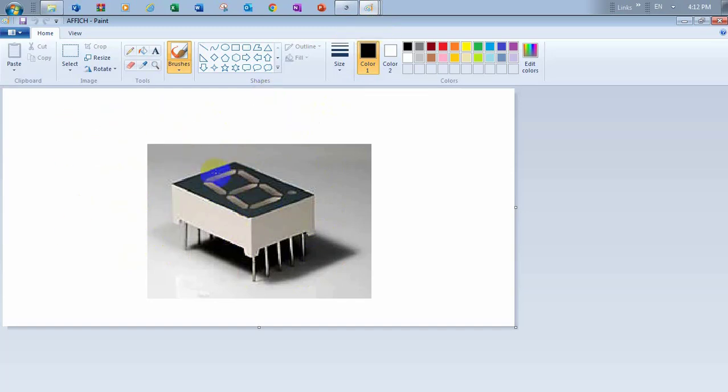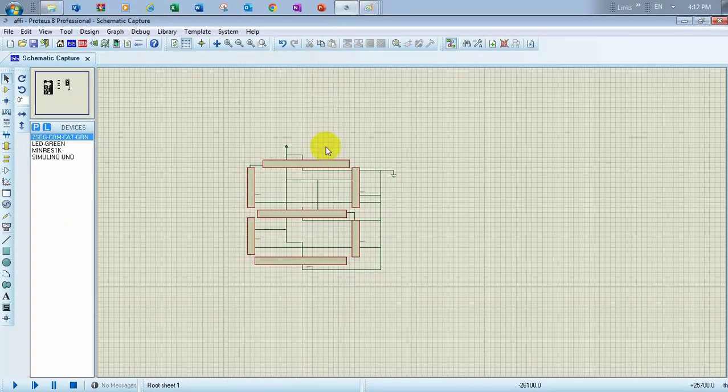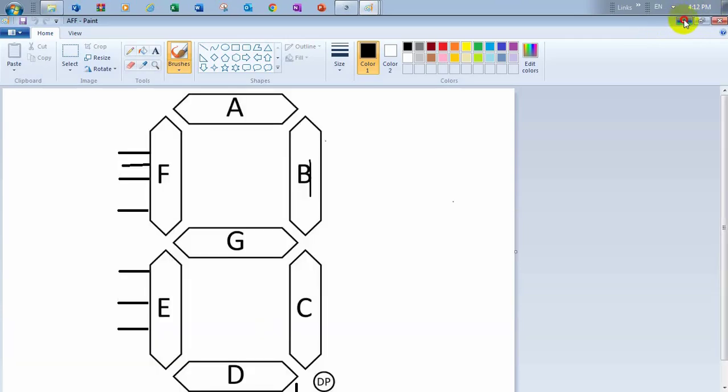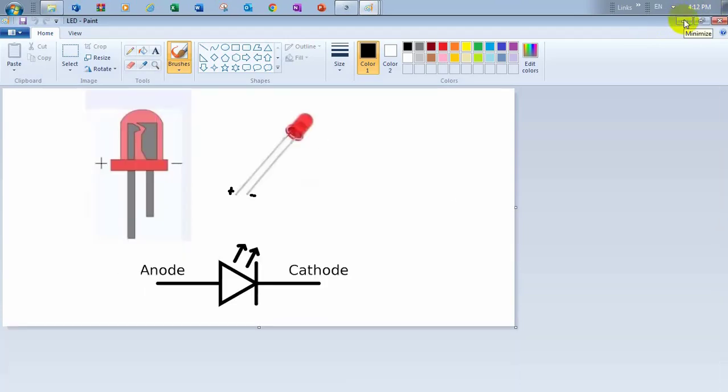And for software we need one software called the Arduino IDE. For what? To write the programming.